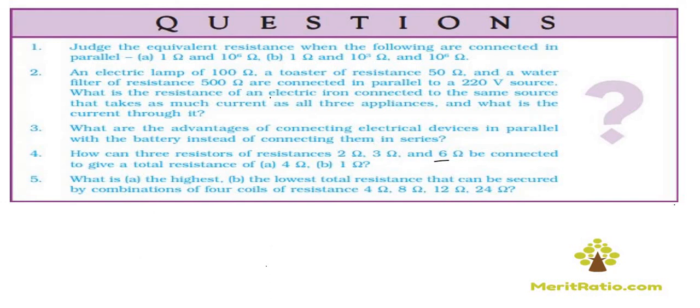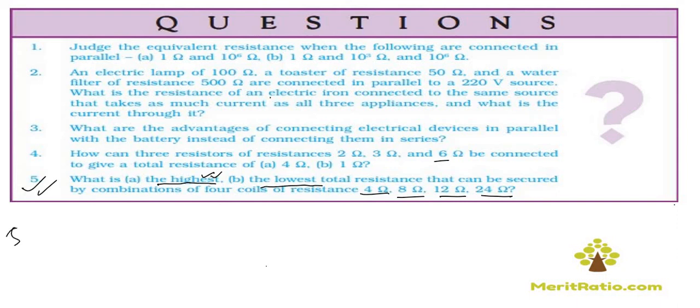Moving on to the next question, question number 5. What is the highest and the lowest total resistance that can be secured by combinations of 4 coils of resistance 4 ohm, 8 ohm, 12 ohm and 24 ohm?